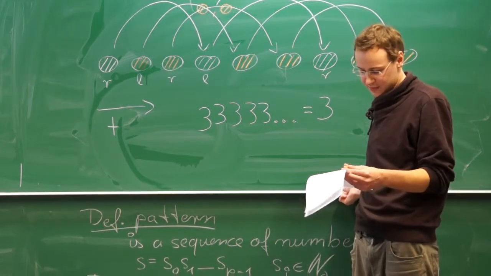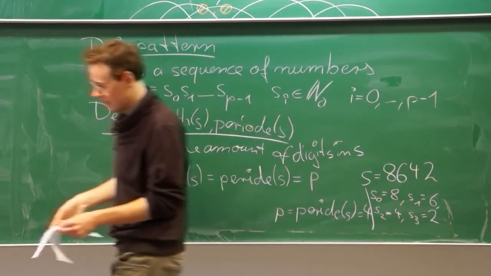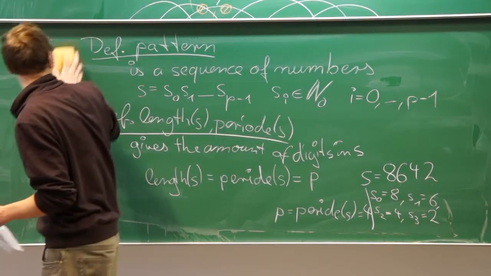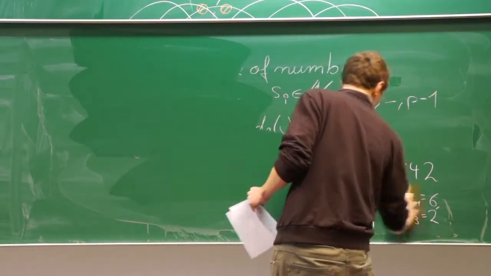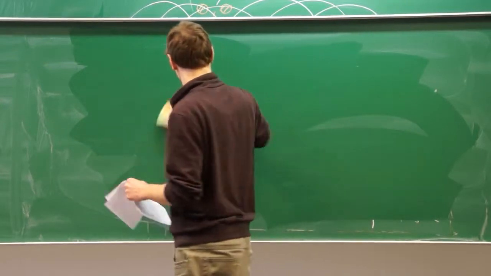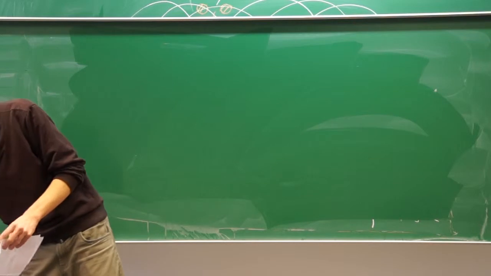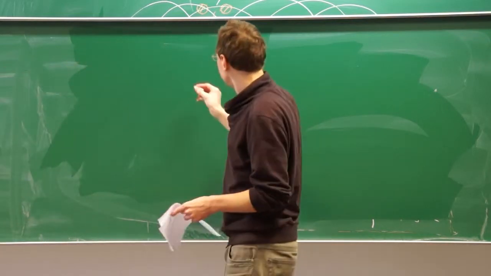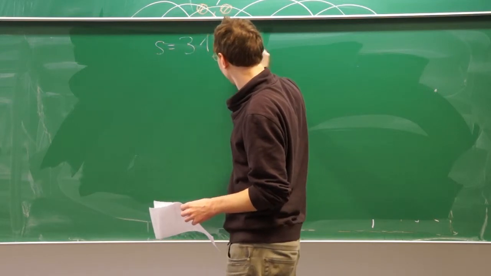Let me give you another example of a juggling sequence. So this sequence is called 3, 1, 2.